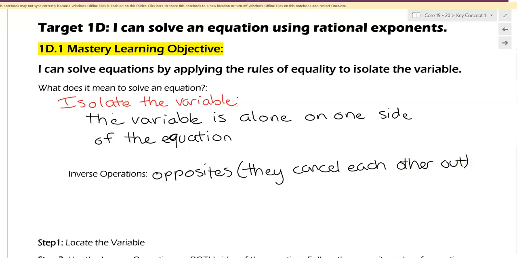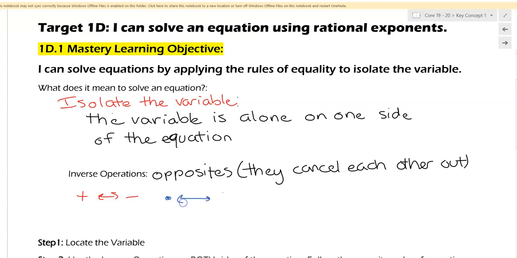Thinking about some of our inverse operations, the basic ones you know: addition and subtraction are opposites, multiplication and division are opposites. And then the one we just did in target C, taking the square root of something and squaring something are opposites. So these are some of our inverse operations we can use to get our variable by itself.